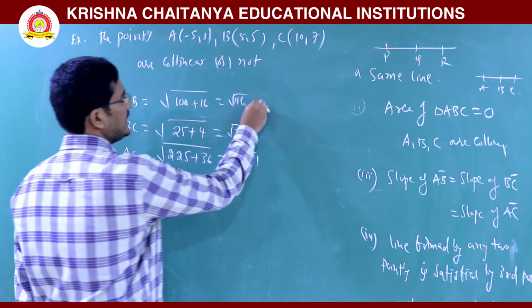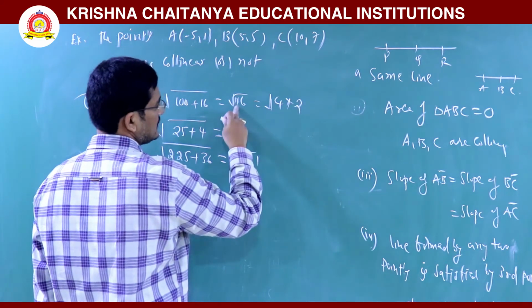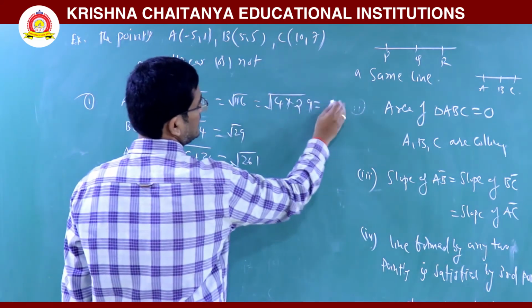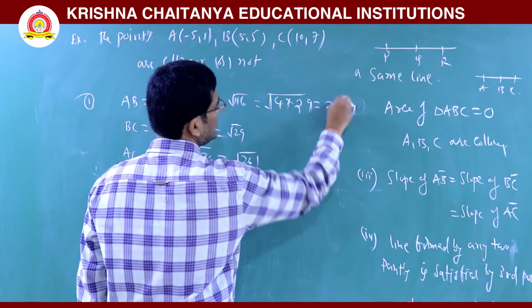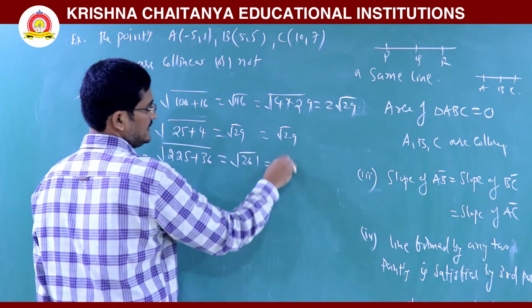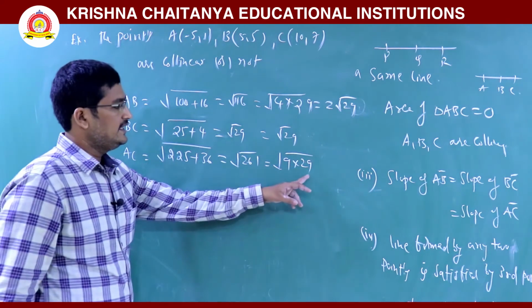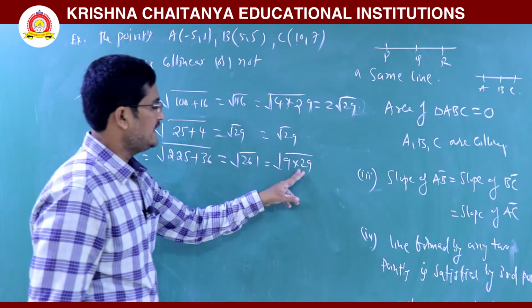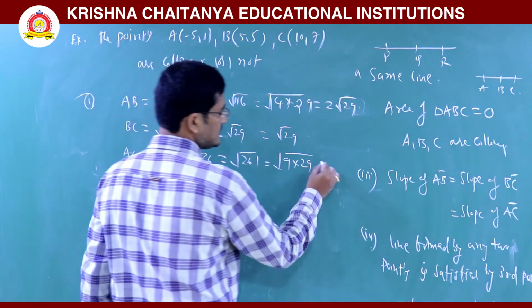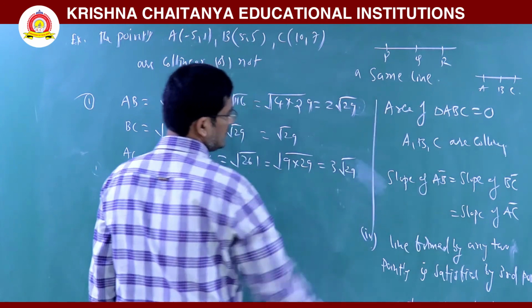Root 116 can be written as root of 4 into 29, so 2 root 29. Root 261 is root of 9 into 29, so what is the answer here? 3 root 29.